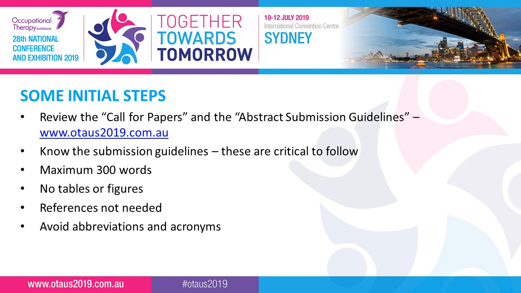References are generally not required. If you must have a reference within your abstract, then it must be cited within the abstract itself and the full reference be provided. So that takes up some extra words, but must be included if you have a citation.